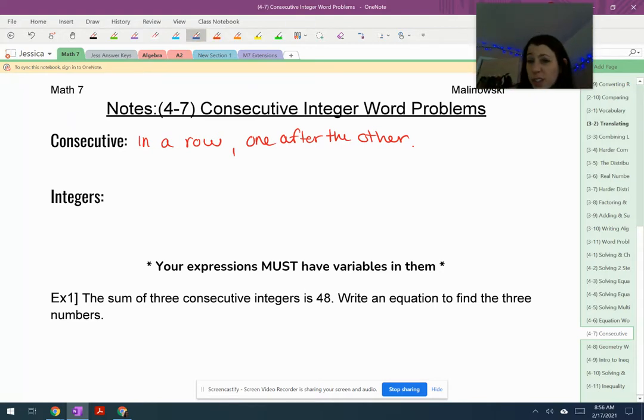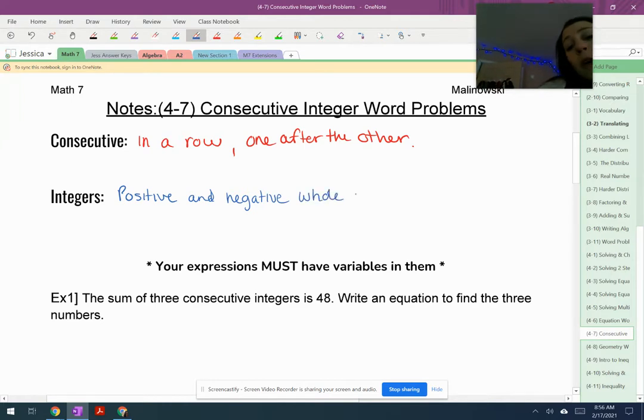Next would be integers. That was our first unit, when we were dealing with integers. Integers are simply positive and negative whole numbers, meaning there are no decimals, no fractions, nothing like that.